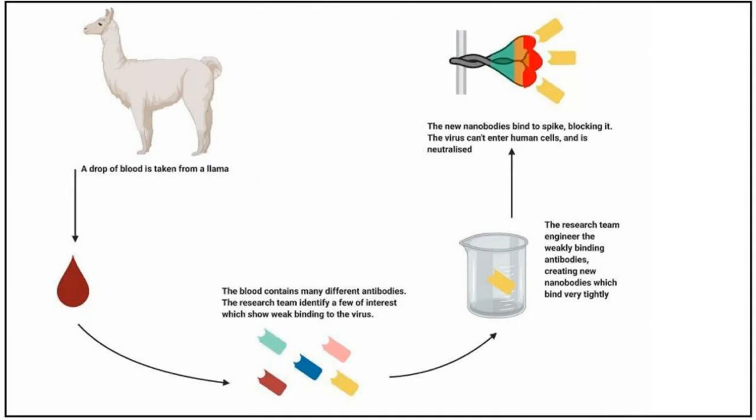Recently, from Peru, they have reported that nanobodies have been found in llamas, and those have high affinity to neutralize SARS-CoV-2, and maybe they will soon come into therapeutic use.